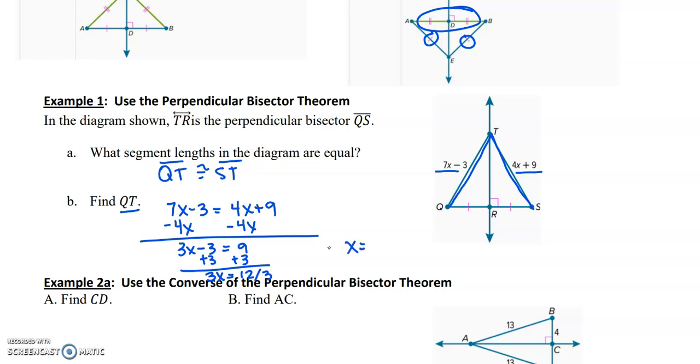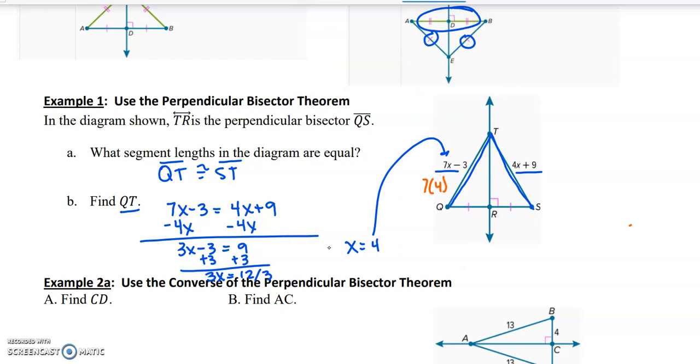And so x is equal to 4, and so we're going to plug 4 back in, and then we can get our QT, 7 times 4 minus 3. So 28 minus 3 is 25.